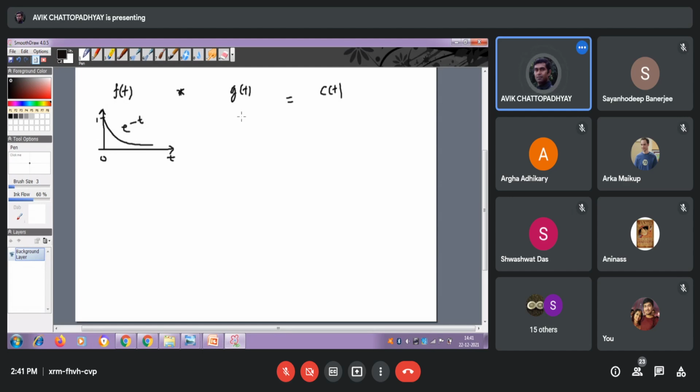And say g(t), another very elementary signal, the unit step function. Let's say the unit step function is 0 to t, and it goes like this. Just by looking at these two kinds of signals, f(t) and g(t), one thing is very clear.